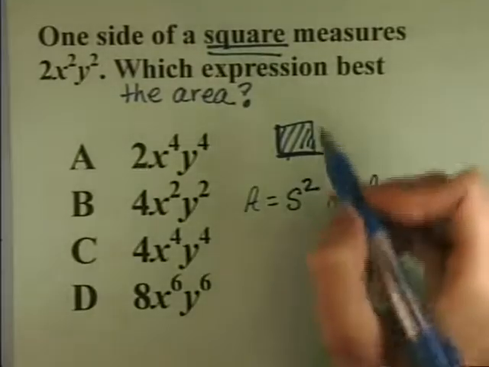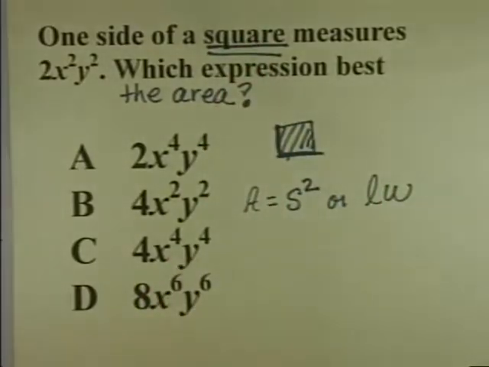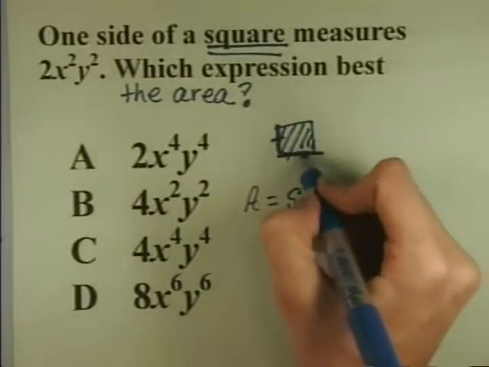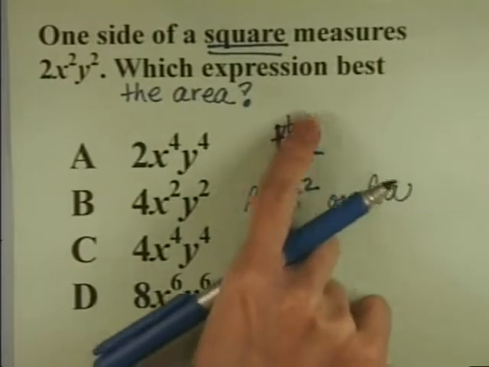The reason we're doing side squared is, what is so special about a square? The sides are equal, they're all congruent. So if it seems like I only give you one side, it's because all the sides are congruent.